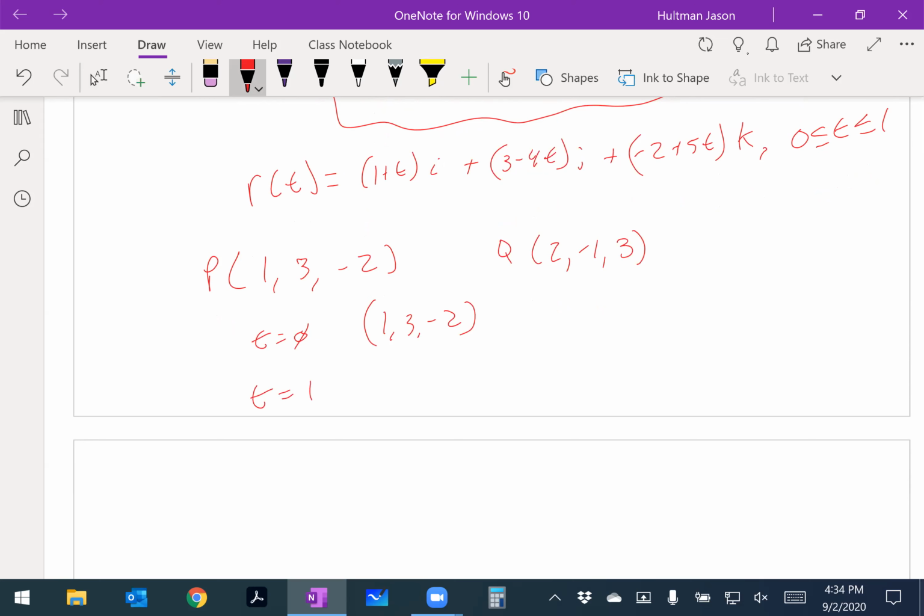If t is equal to 1, then I want 2, negative 1, 3. So how can I go from 1 to 2? By adding 1. I could say this is 1 plus t. How do I go from 3 to negative 1?